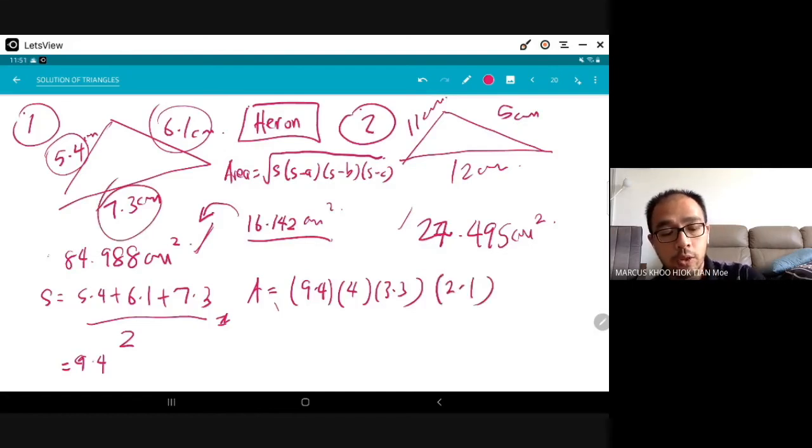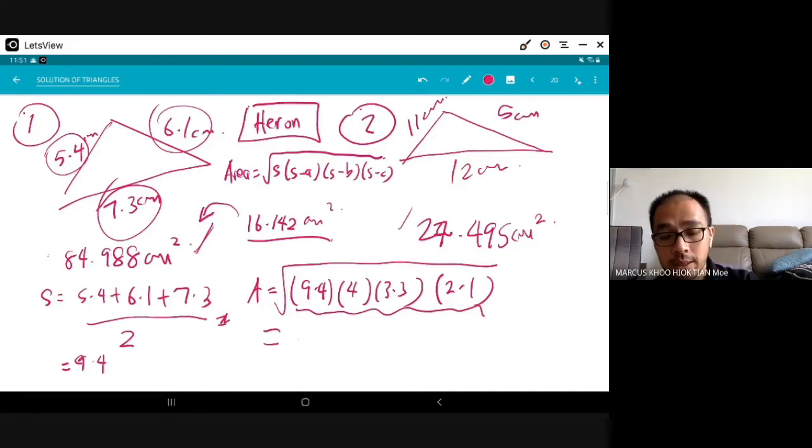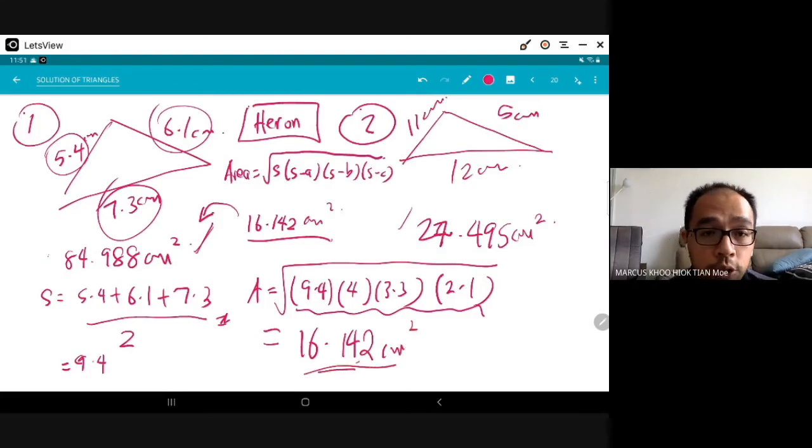Then the whole thing you square root. Once again, settle this one first and then only you square root. So 9.4 times 4 times 3.3 times 2.1, then when you square root, you will get 16.142 cm squared. Okay, Yvonne, I'm not sure where you went wrong and how you got this answer.